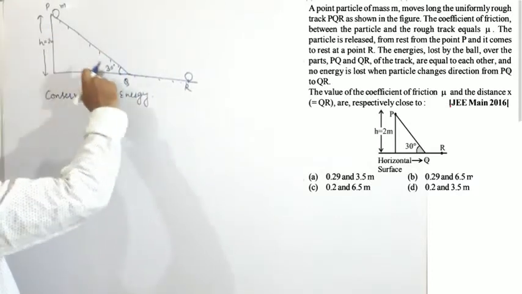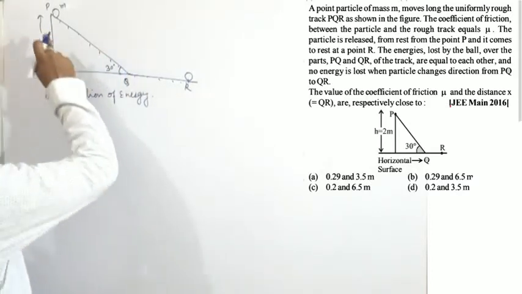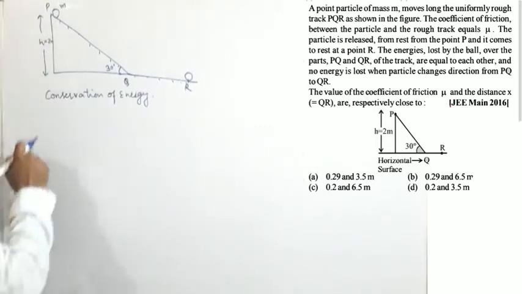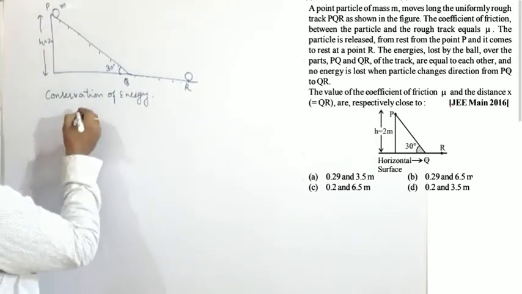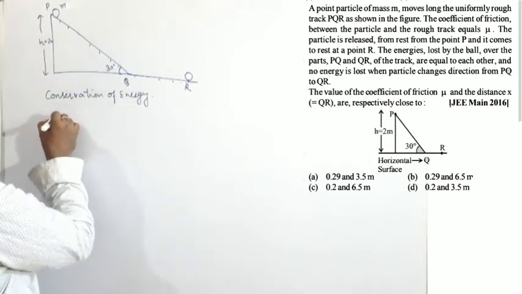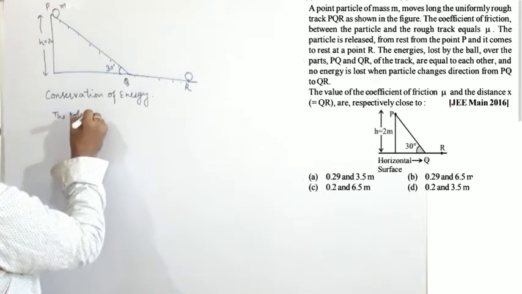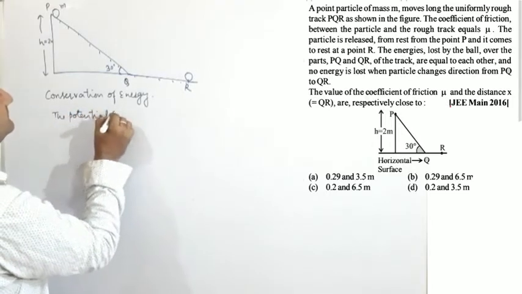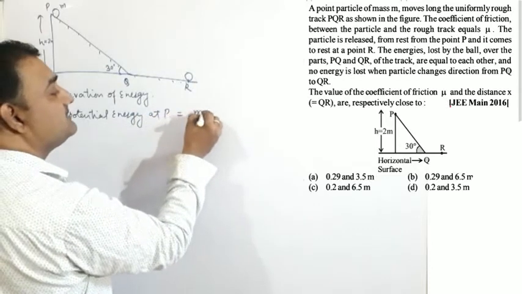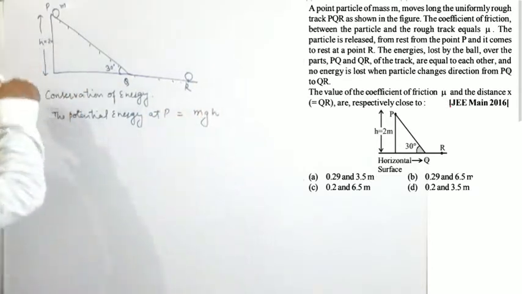So the work done against friction should be equal to the potential energy of the particle at this point P. So first of all we can say the potential energy at P is given as mgh, where h is 2 meter that we will use.